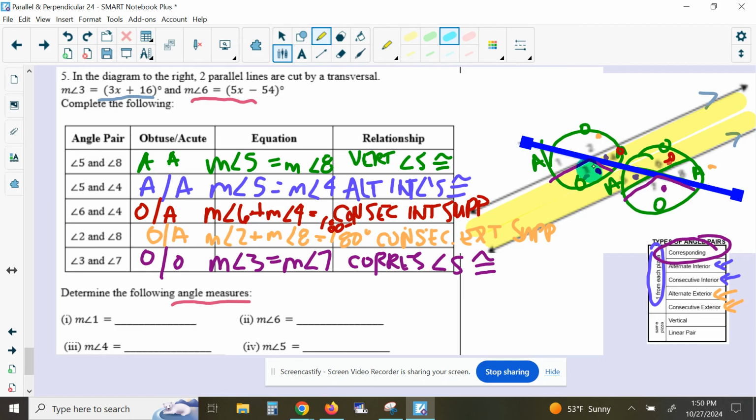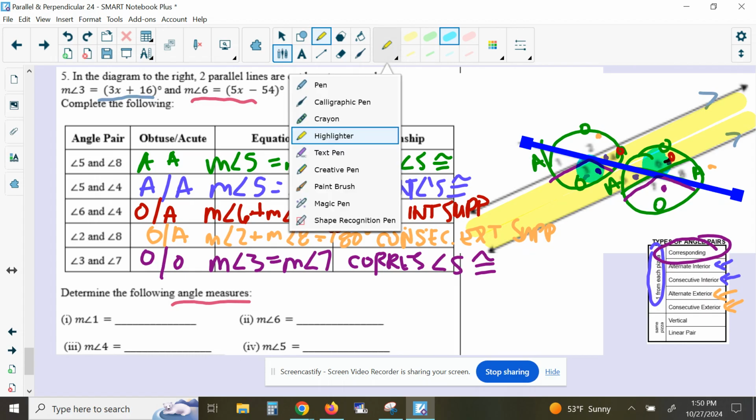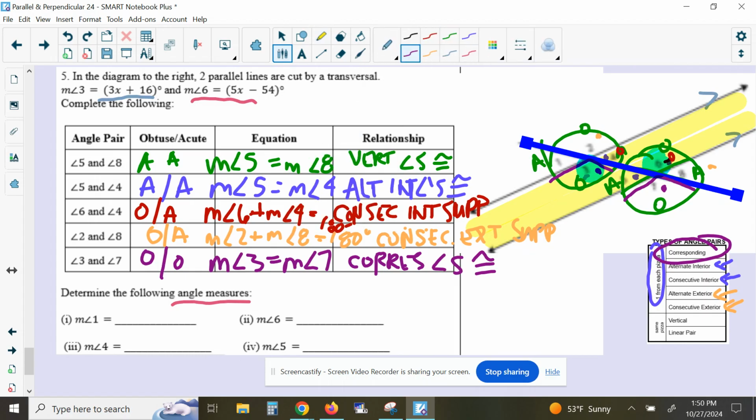So 3 is right here, and 6 is right here. Now, what kind of angles are those two? 3 and 6, we actually did not have those in the list, but what kind of angles are they? Are they interior? Are they exterior? 3 and 6, they're both on the interior, and they're on opposite sides of the transversal. So these guys are alternate interior angles, right?